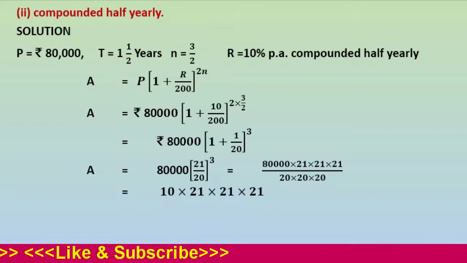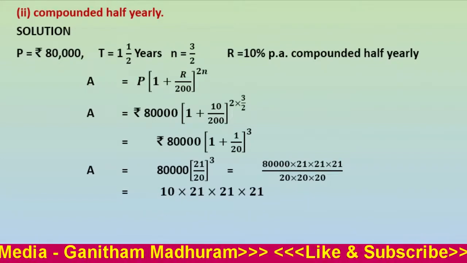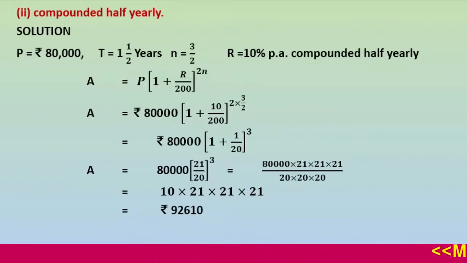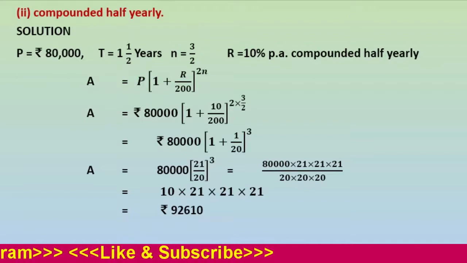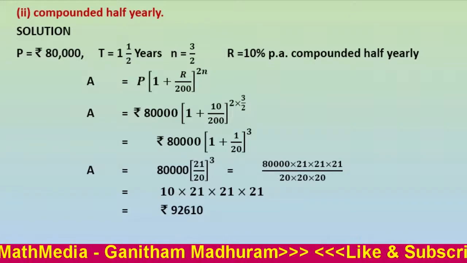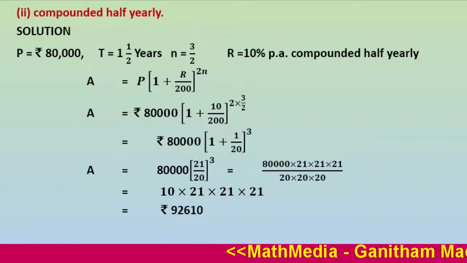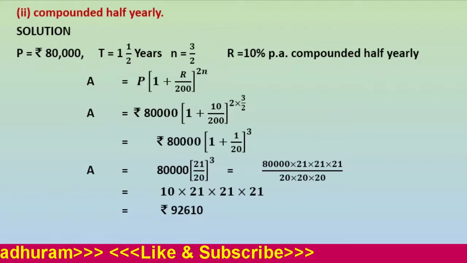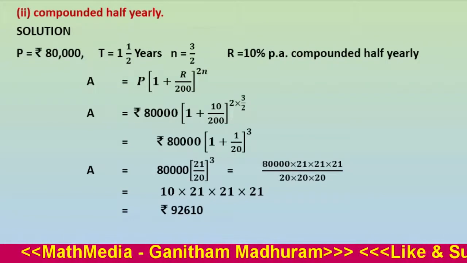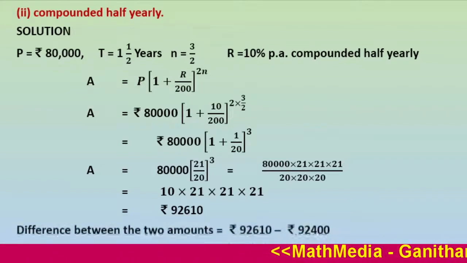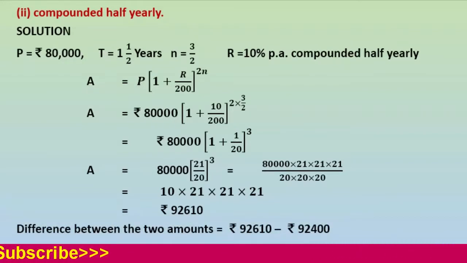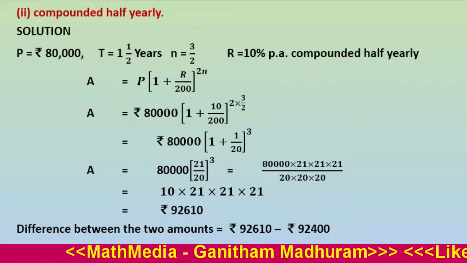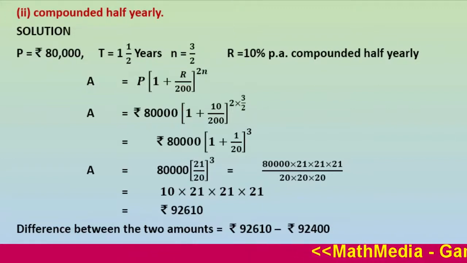We get 10 into 21 into 21 into 21, which gives rupees 92,610. So the compound amount to be paid after 1.5 years, if the interest is compounded half yearly, will be rupees 92,610.